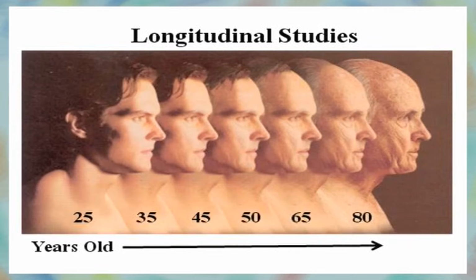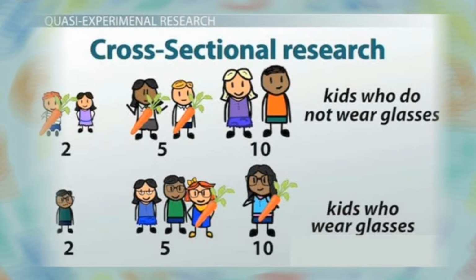Cross-sectional research differs from longitudinal research in that cross-sectional studies are designed to look at a variable at a particular point in time. But what do longitudinal studies do? They involve taking multiple measures over an extended period of time, while cross-sectional research is focused on looking at variables at a specific point.